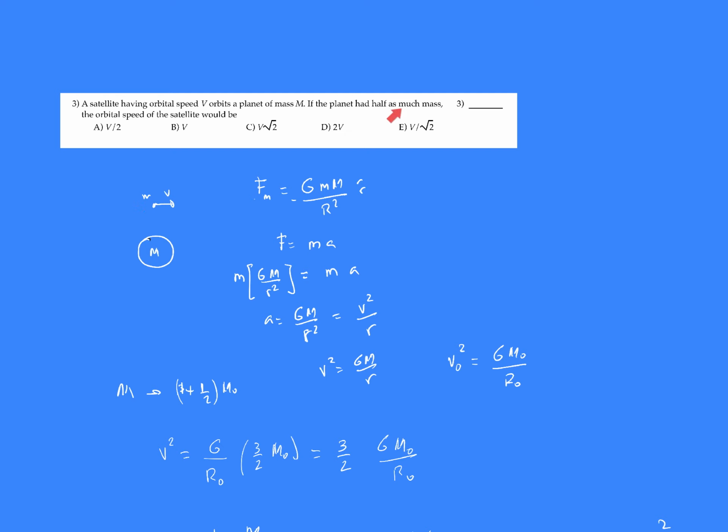If the planet had half as much mass, the orbital speed of the satellite would be... Okay, if you decrease the mass to half, what velocity will this object need to have? At the same radius, I suppose.